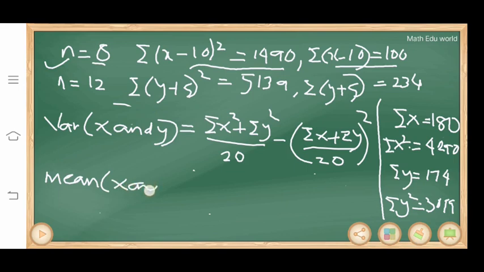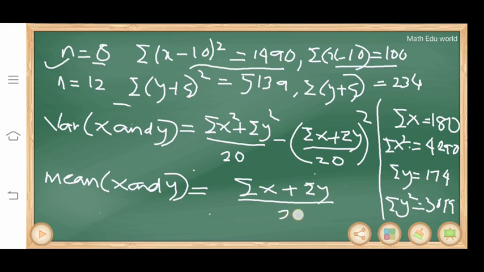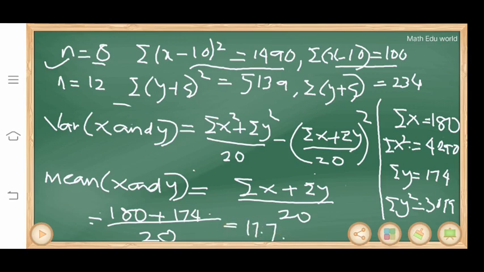It can be calculated by sigma x plus sigma y divided by total 8 plus 12, which is 20. That is sigma x is 180 plus sigma y is 174 divided by total 20. We get 17.7 as the result.